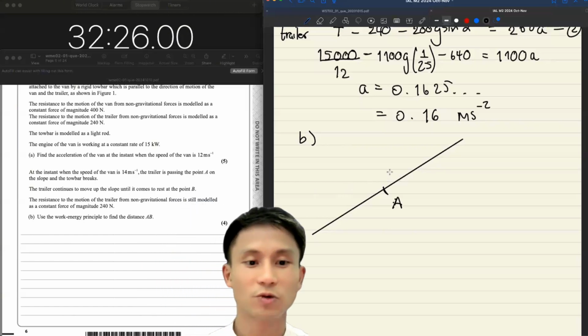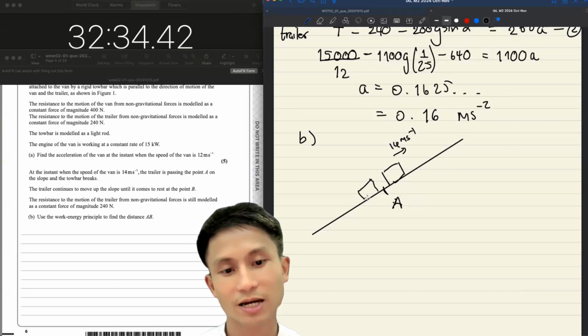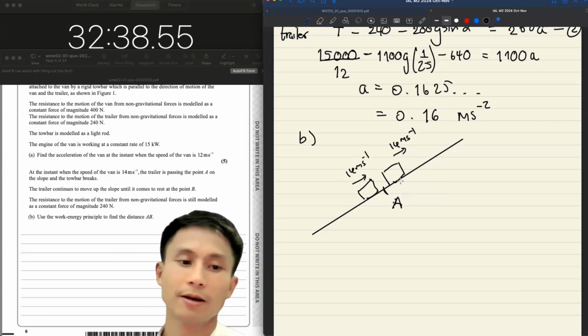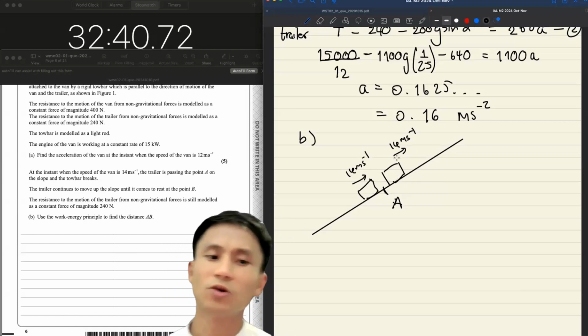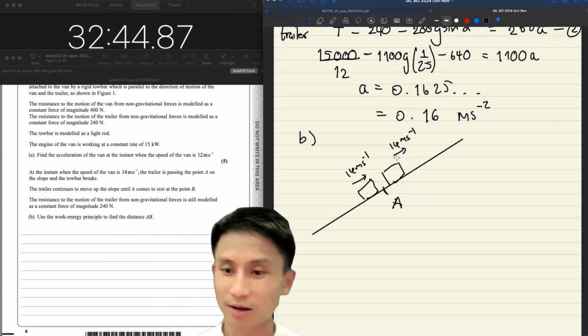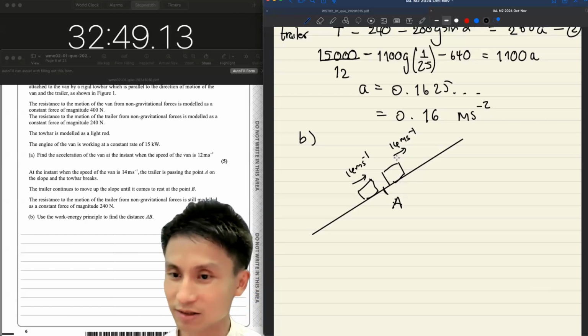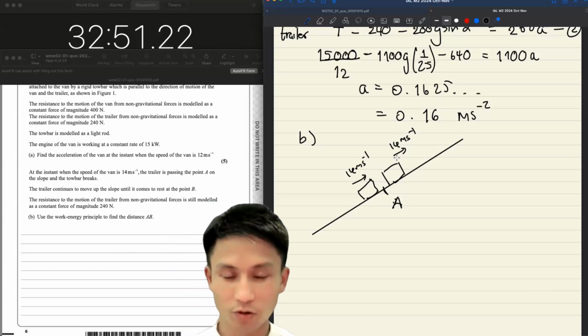So this is when the van is already at 14 meters per second, and so is the trailer, because they are connected. But of course, the trailer will not catch up with the van because the van is going up with some power, so it's going to accelerate up still. But we don't care about it. We care about the trailer.